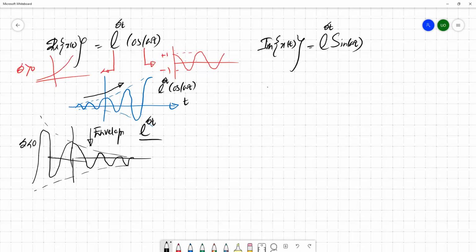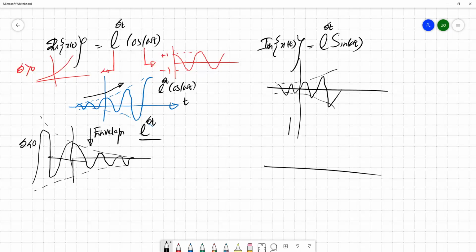So it's something like that. It should be a sine function.